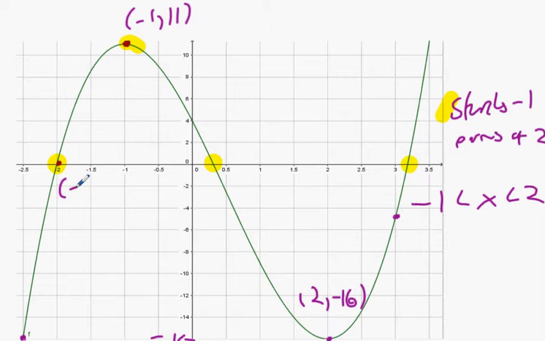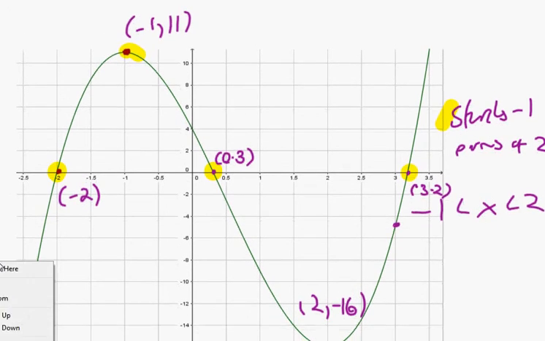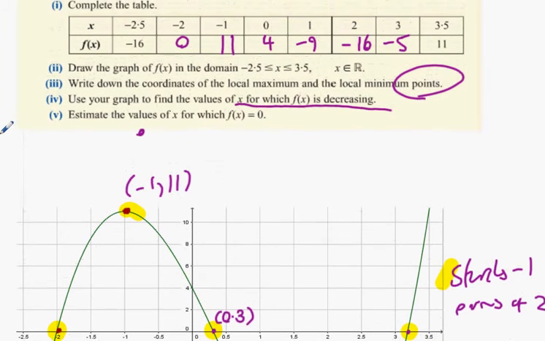Minus 2 is the first x value. The next one, 0.3 is a good choice. And after that, 3.2. Everybody alright with that? Okay, so the answers would be minus 2, 0.3 and 3.2, because it's referring to the x values, not the y values. Okay, moving on.